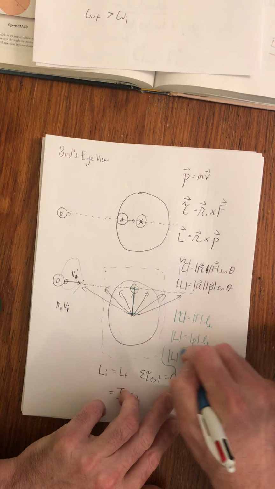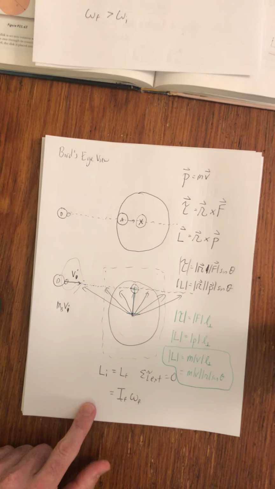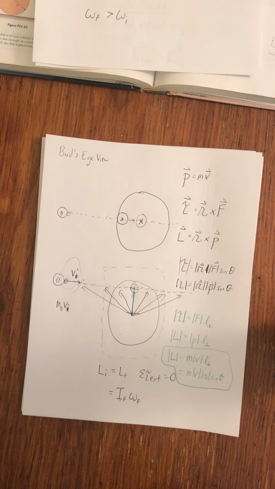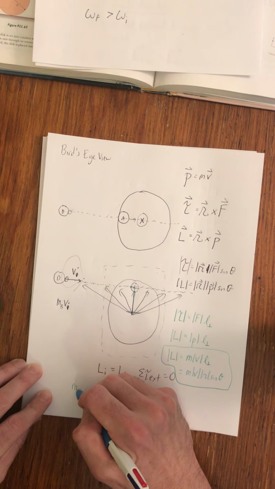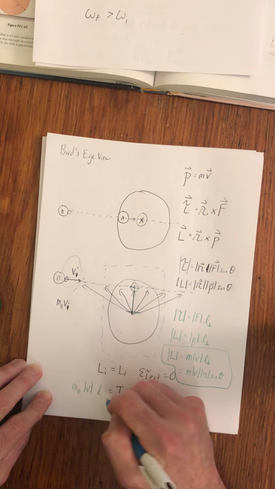Those are two alternate ways of writing that same equation. And this is what gets placed over here, because we have a linear object that's moving that causes this larger rigid rotating object to move. So this would be the mass of the ball, the initial velocity of the ball, L perpendicular.